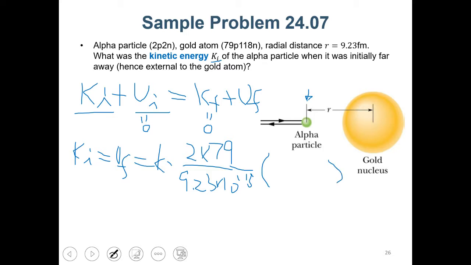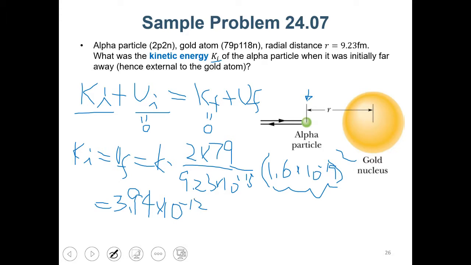And actually, we still need to multiply by 1.6 times 10 to the minus 19 squared, which is the charge of a proton or an electron. So that is 3.94 times 10 to the minus 12 joule.